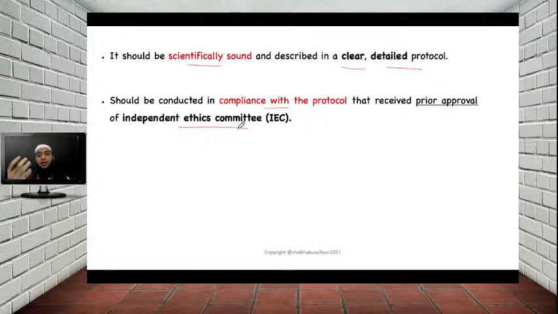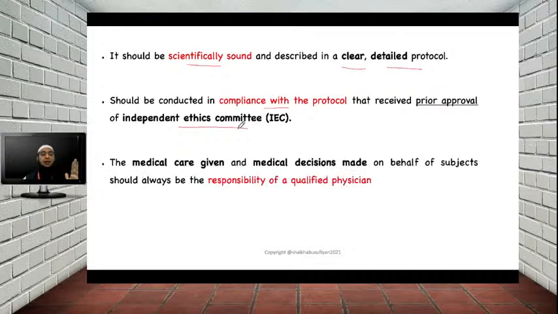If you want to make any change, then you can propose it as an amendment in the protocol, take the approval of the IEC, and then only you can go ahead with that study. It should not happen that your protocol is something else and you are doing something else during the conduct of the trial. No way it should happen. Okay, so this is another important point of consideration and one of the important guidelines of the ICH.